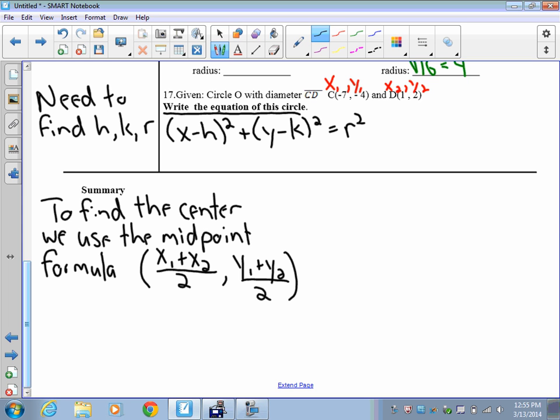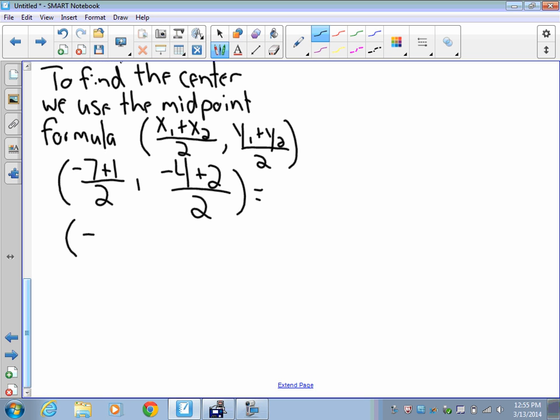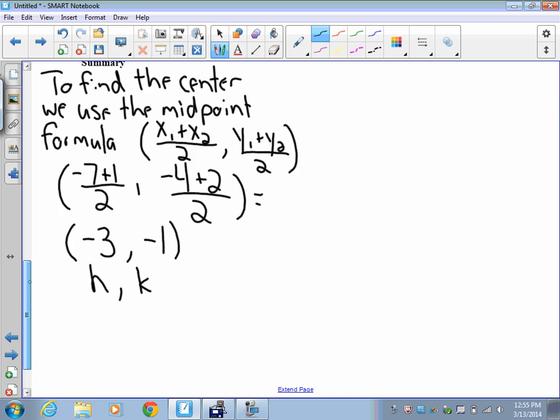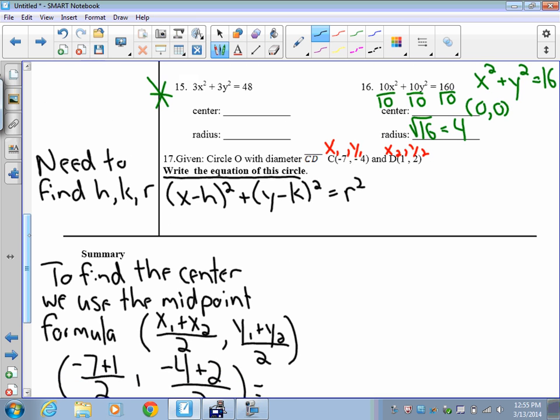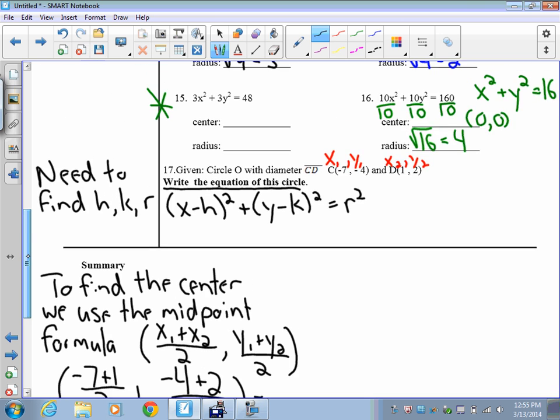So whenever I plug those numbers in, I get negative 7 plus 1 over 2, and negative 4 plus 2 over 2. So that means my midpoint's going to be negative 3, negative 1. So this is h and k.